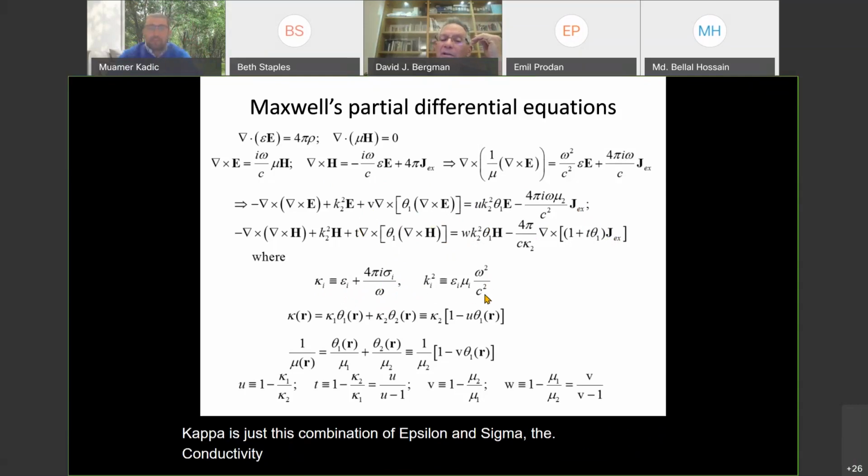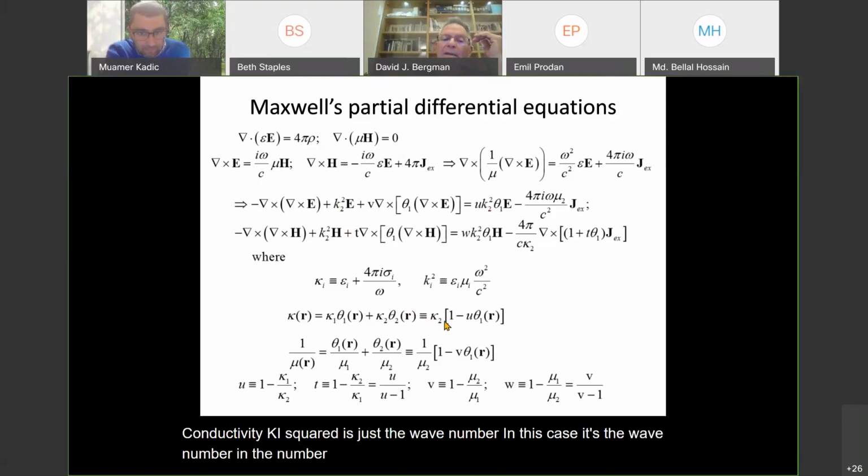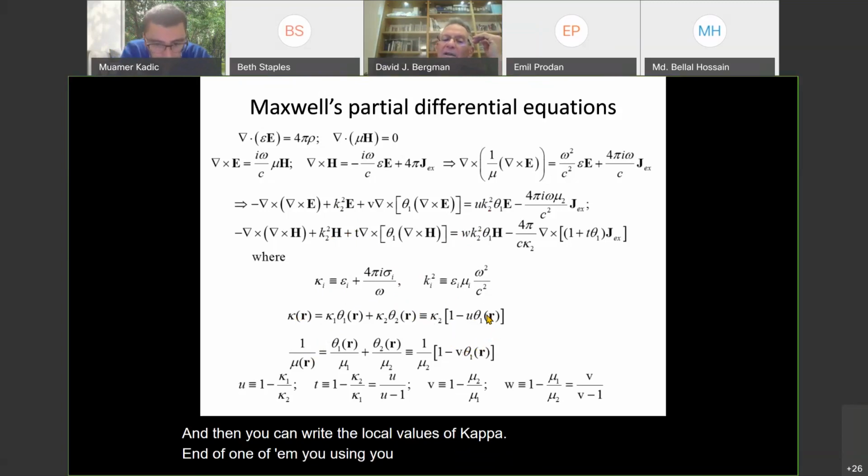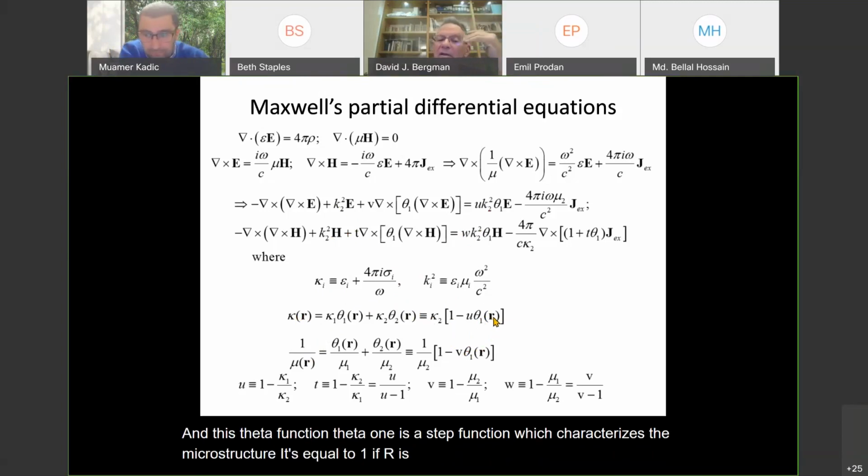Ki squared is just the wave number, in this case the wave number in the number 2 constituent. Then you can write the local values of kappa and of 1 over mu using u and v and this theta function. Theta 1 is a step function which characterizes the microstructure. It's equal to 1 if r is inside the number 1 constituent and 0 otherwise.